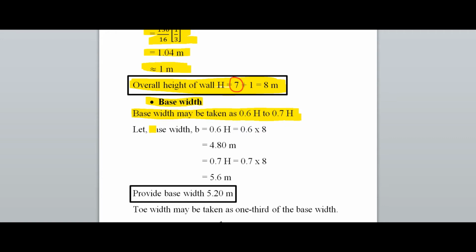So base width B is 0.6 into 8, which is 4.80 meter, to 0.7 into 8, which is 5.6 meter. So the base width should be in between these two values, 4.8 and 5.6. So we provide a base width of 5.20 meter.